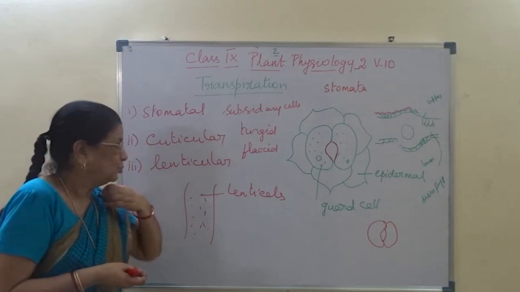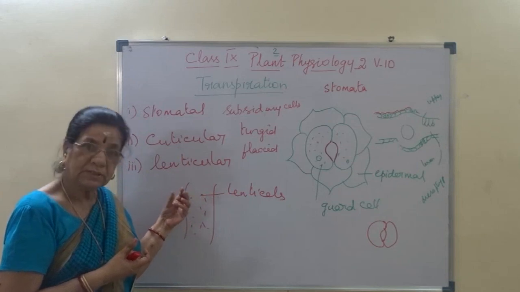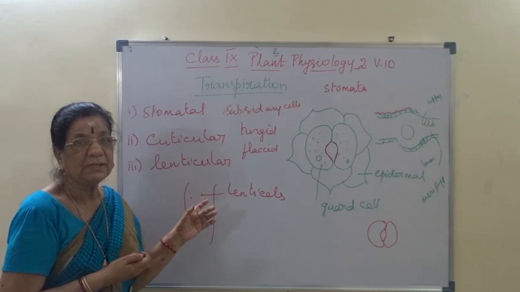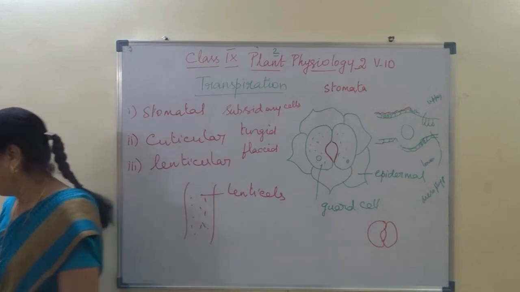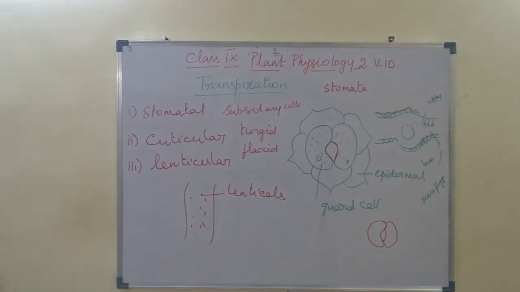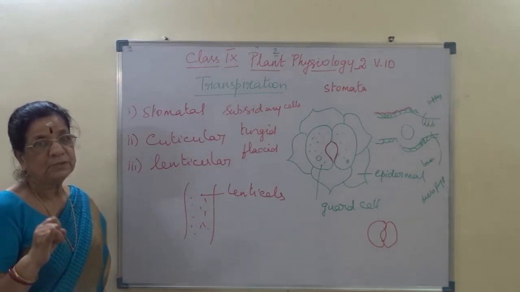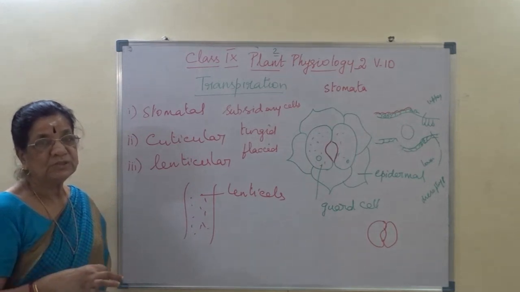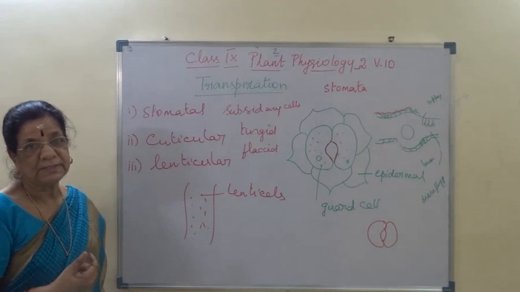I repeat, through the bark or openings on the woody stem, the lenticels are present. Through that transpiration is taking place. That is called lenticular transpiration. So there are three types of transpiration: one is stomatal, second one cuticular, third one lenticular. As the name says, through stomata, through cuticle, and through lenticels.